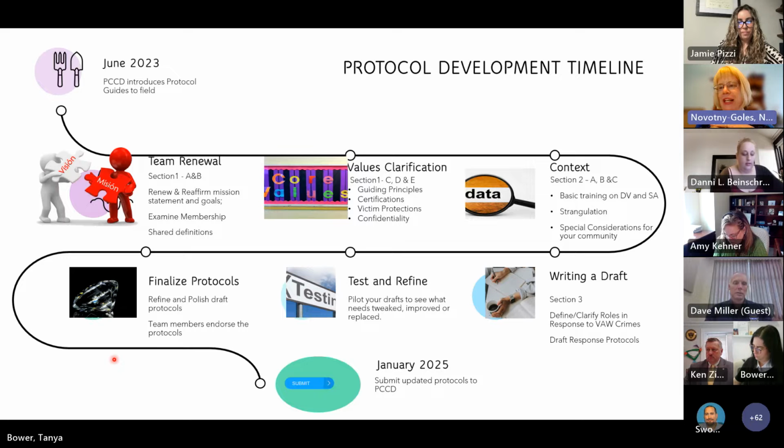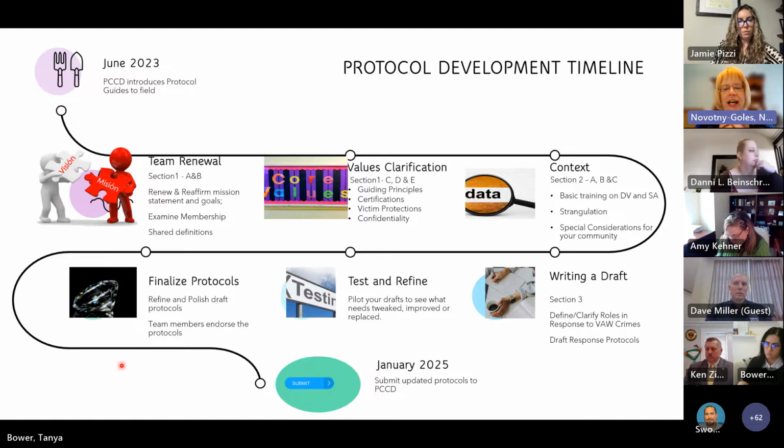As Jamie pointed out, there's sections in there that give you discussion prompts and ask teams to go through by system and sort of take that step-by-step evaluation of why you're there, what do you do, how are you going to handle confidentiality. So you're going to draft your response protocols, then you're going to have a period where you kind of test and refine them.